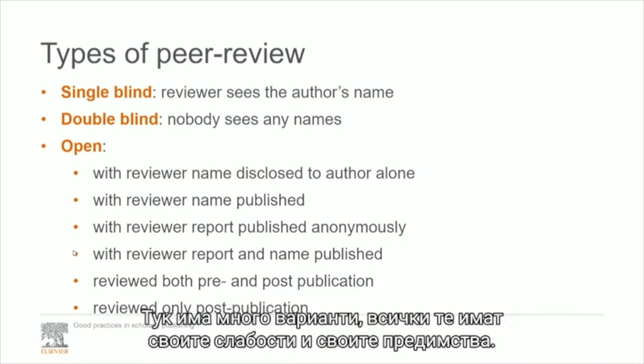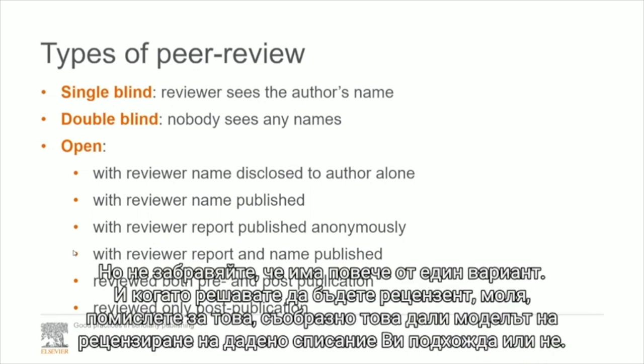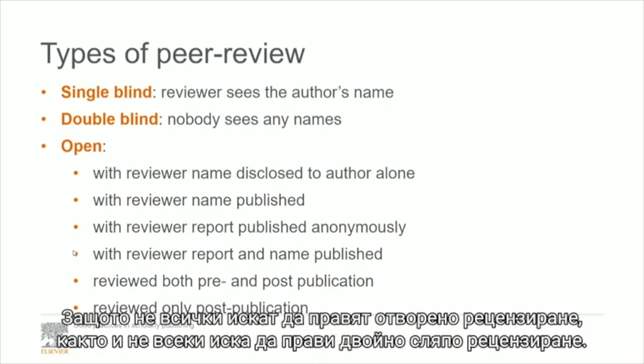There are many variants here, all have their weaknesses and advantages, but just remember there's more than one option. When you are deciding whether to be a reviewer or not, please consider whether the model of review in the given journal suits you. Because not everyone wants to do the open review and not everyone wants to do the double-blind review.